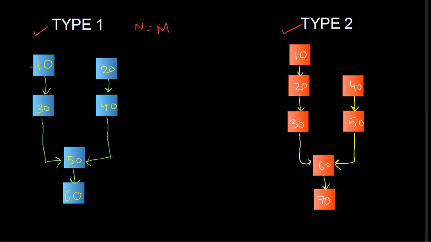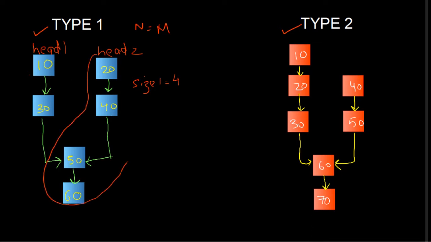Here, the size of linked list 1 is 1, 2, 3, 4, so size 1 is equal to 4. Also, the size of the second linked list is 4, so size 2 is also 4.